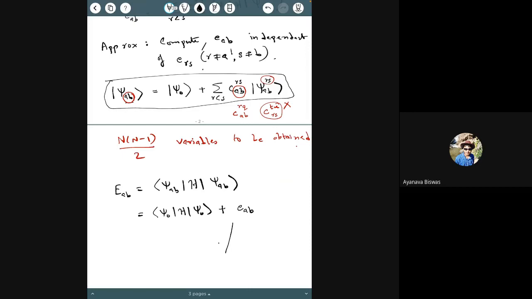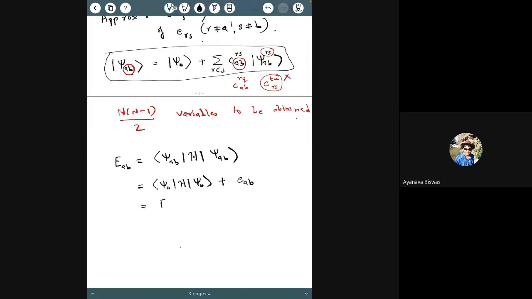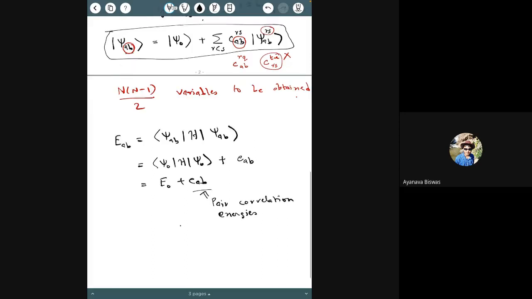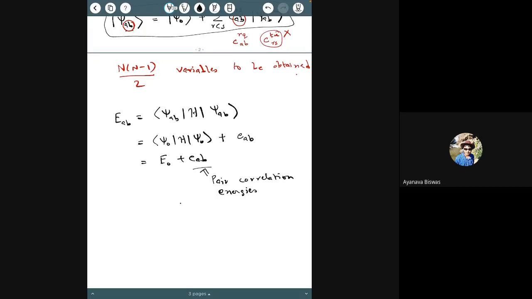So this is simply E0 plus EAB as we have defined it. And this is called the pair correlation energy. And you have n into n minus 1 by 2 of these terms. Okay, then let us look at the Schrodinger equation with this approximate wave function.